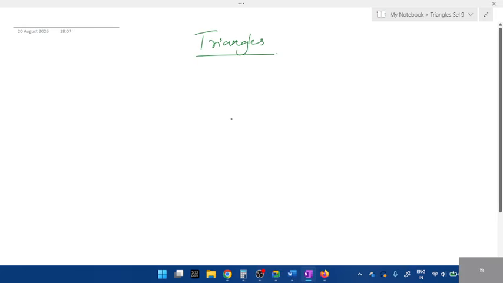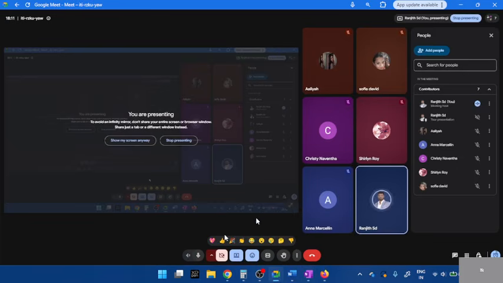Okay. Congruent. What is congruency? Directly congruency. Ma'am started congruency. Okay, fine. Congruency. Then others, any one thing, students, about triangles.